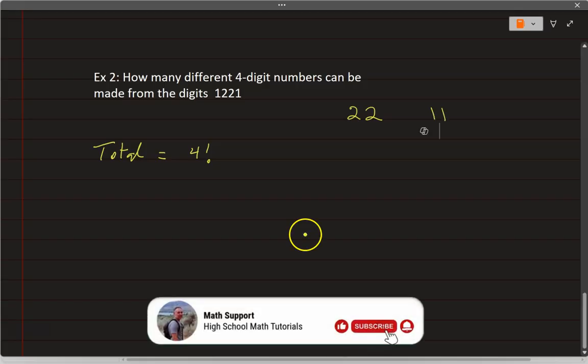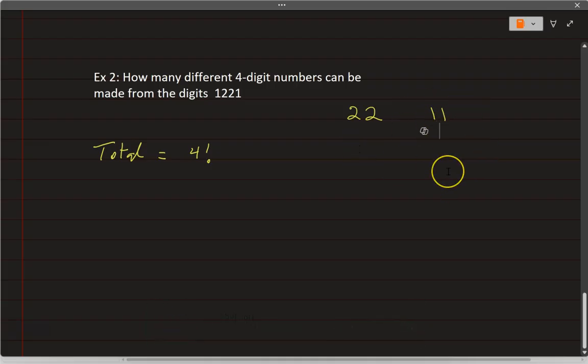Regardless of whether they come first or second, they are being double counted, and we need to take care of that. The 2s give a 2 factorial, and the 1s give another 2 factorial.